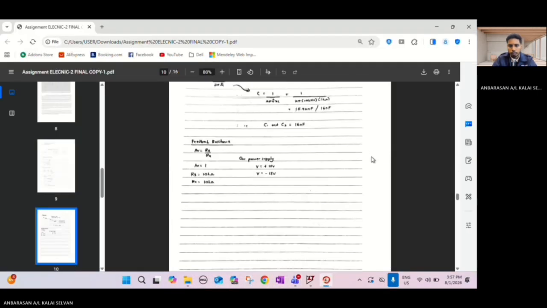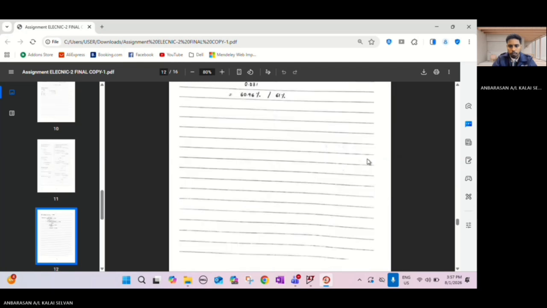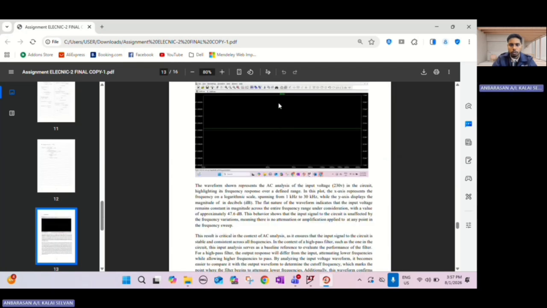So this is the V in. This is the simulation setup and output of the active high pass filter used in a solar photovoltaic system. This simulation was carried out to analyze how effectively the filter removes low frequency noise from the signal.